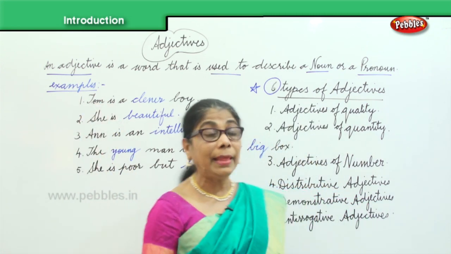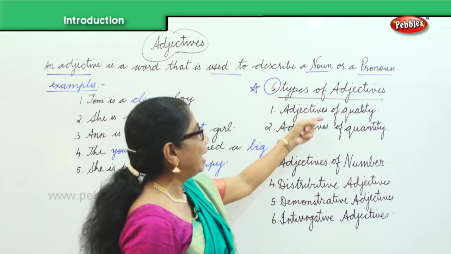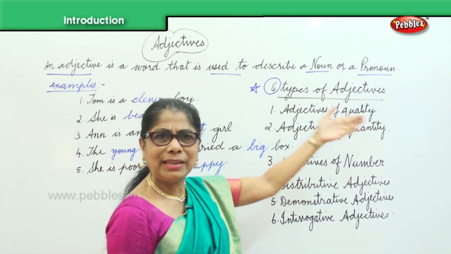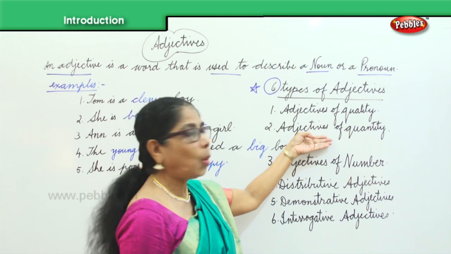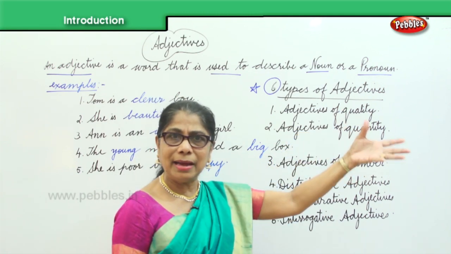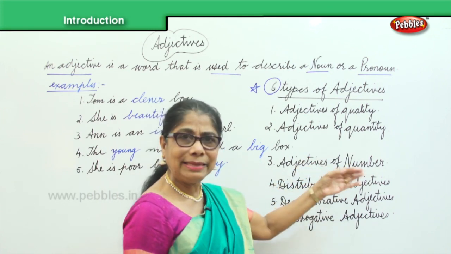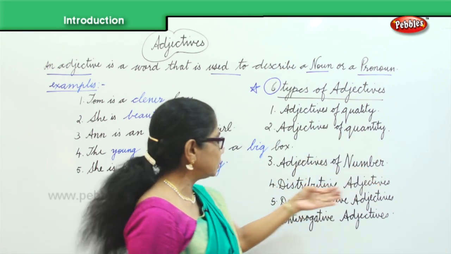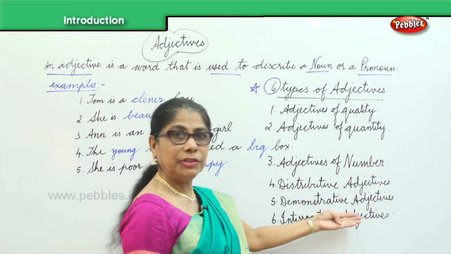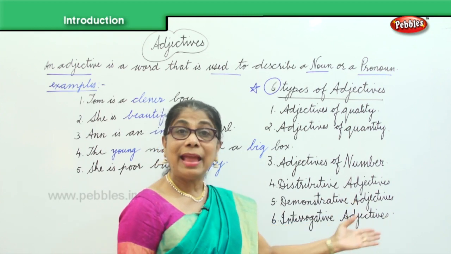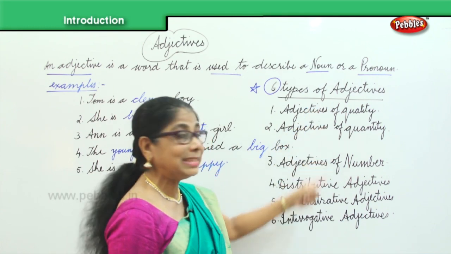But now in adjectives, we have 6 different types. Adjectives of quality: what kind of a person? Good or bad? Adjectives of quantity: how many bananas he ate? Then number, exactly: she brought in 6 boxes. Then we have distributive adjectives, demonstrative adjectives, and interrogative adjectives. Next, we are going to do each of these in detail.